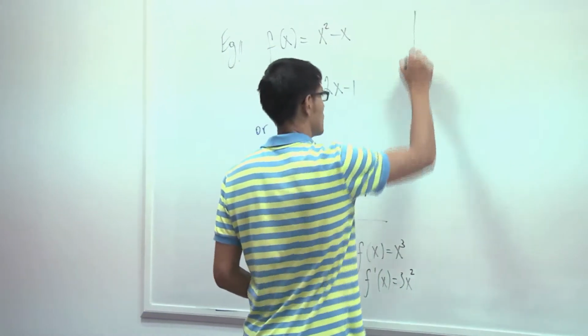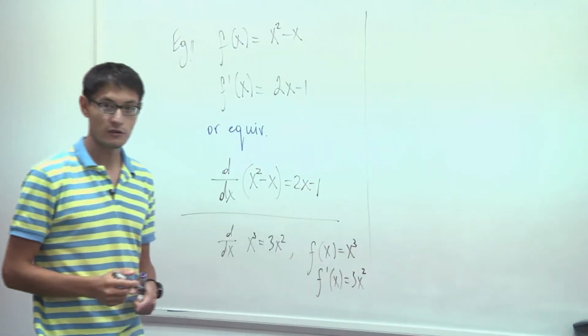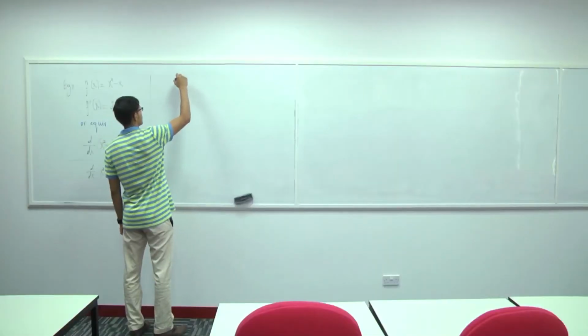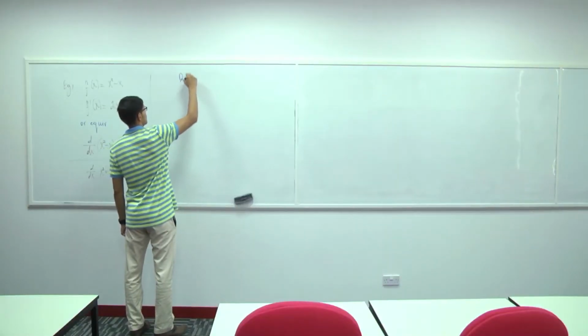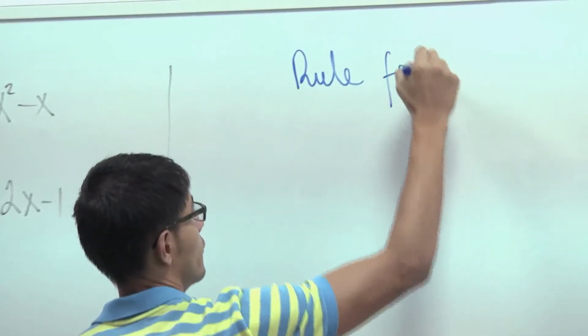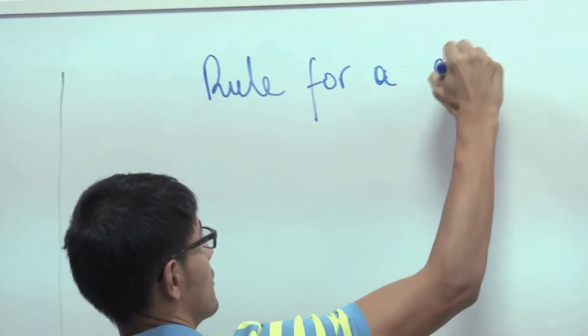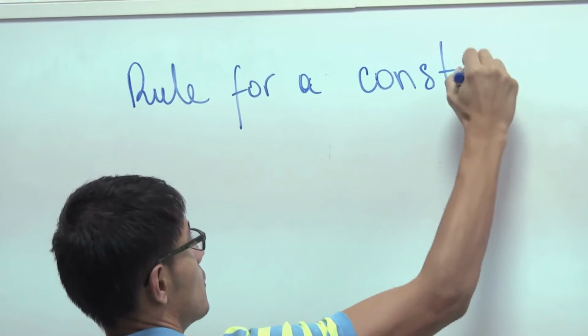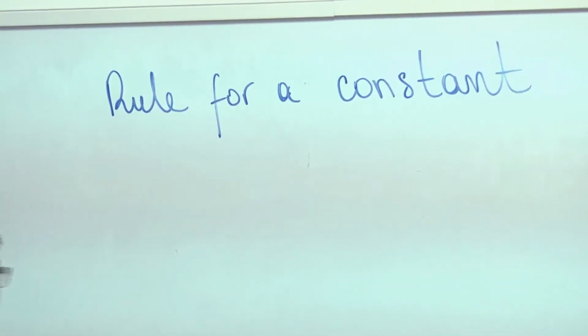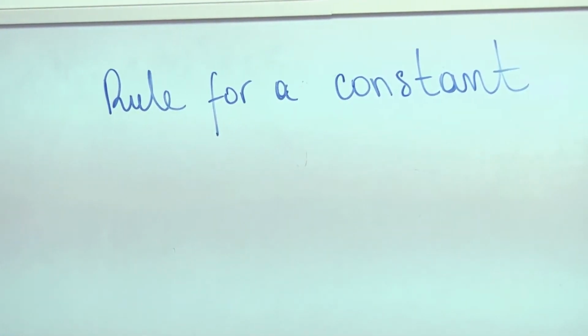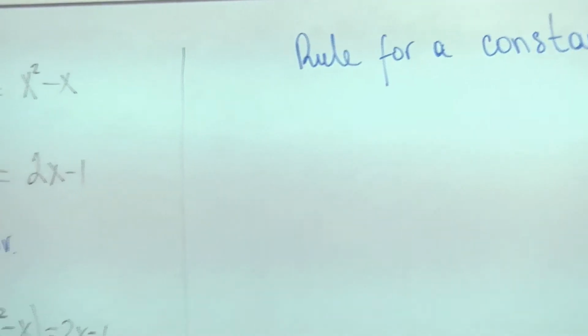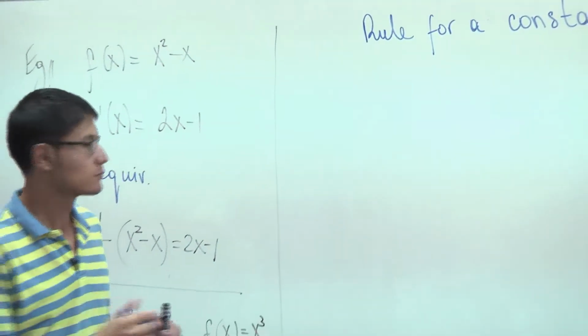All right, now let's talk about the rules of differentiation. Let's start with the simplest rule. Rule for a constant. So if you have a constant function, what's the derivative?